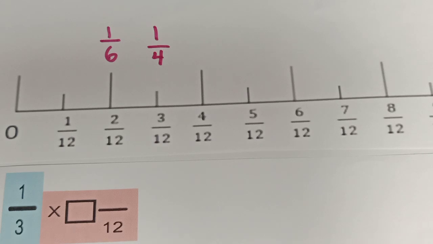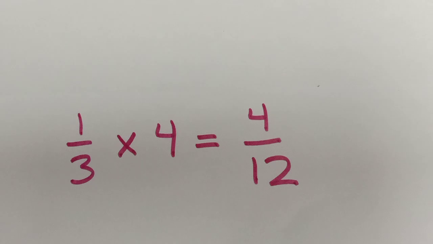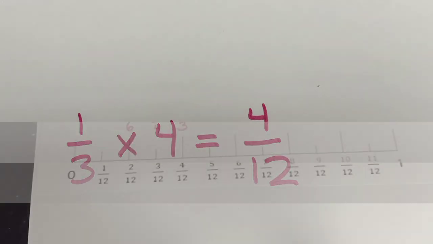So what multiplied by 3 equals 12? I hope you got the answer of 4. So we take our fraction of 1/3, and we multiply by 4. Our numerator of 1 times 4 gives us a new numerator of 4. And that's 4 over 12. So 1/3 is equivalent to 4 over 12.